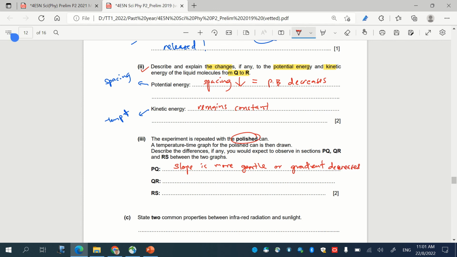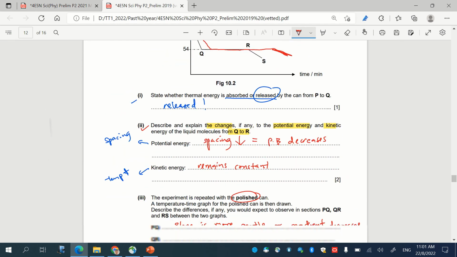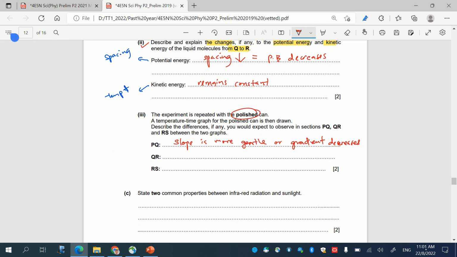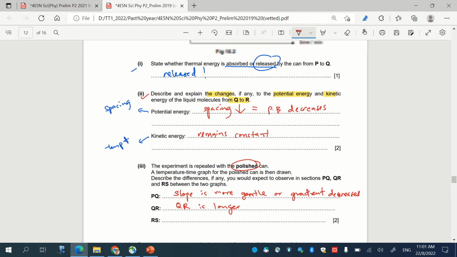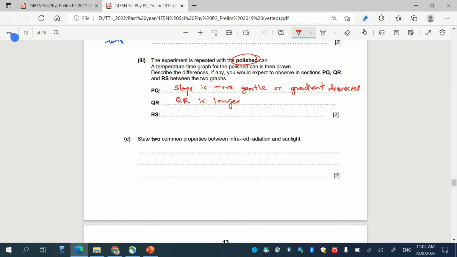When your slope is more gentle, the gradient is always smaller. Let's talk about QR. What did we say about QR? The line will be longer. QR is longer. It didn't ask for explanation. We just have to state the difference. How about RS now? RS, the gradient again, the slope is more gentle.